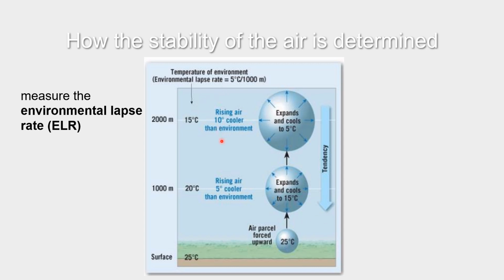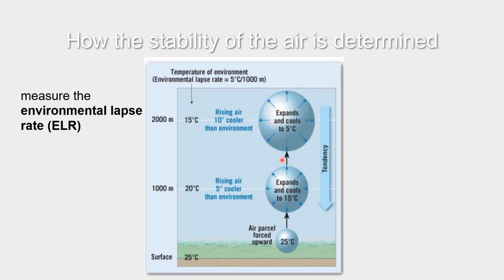And this is the environmental lapse rate that you need to check: how the stability of the air is determined is through the environmental lapse rate, compared with the adiabatic rate of each parcel.